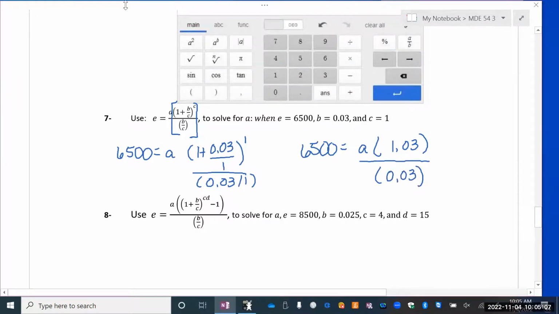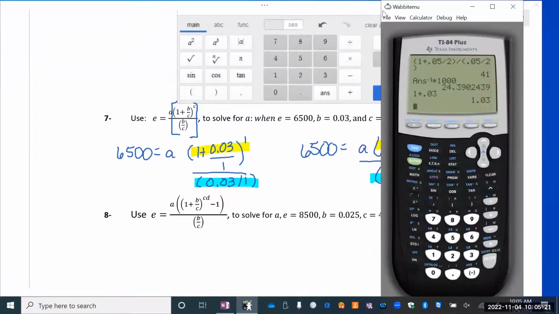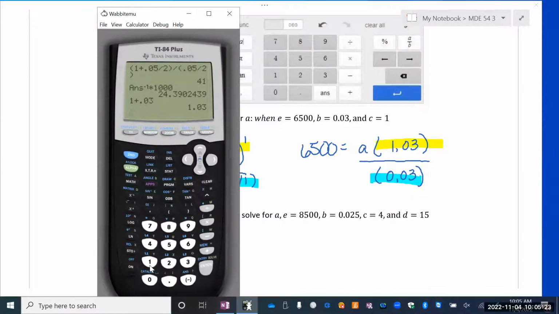This one was a little simpler because one of your values was 1, but I did this piece and got that. And then I did this piece and got that. And then you can come over and do your 1.03 divided by 0.03, and then divide that into your 6,500. Don't round. And I get my answer.